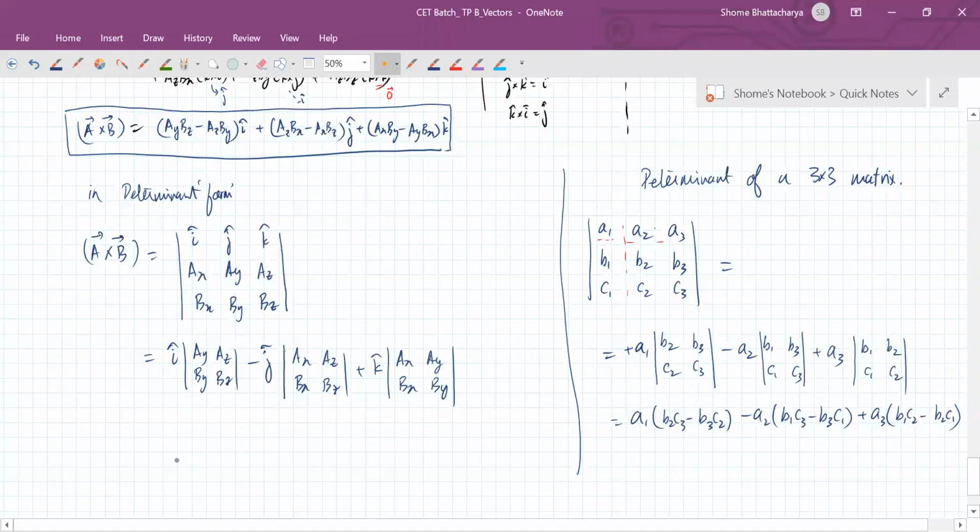When you solve these, you'll see you'll get this formula. You'll get (Ay Bz minus Az By) into i cap. Then there's a minus sign, remember, here. Okay. Then again a plus sign here. Okay. And then you can take the minus sign inside this. So you'll see you'll get this exact same formula.